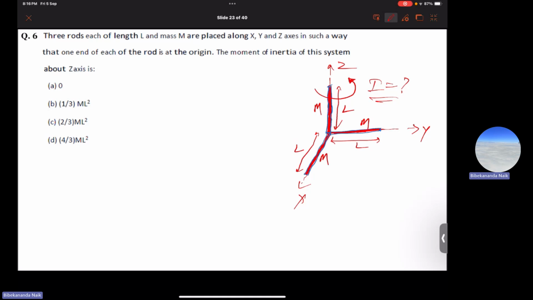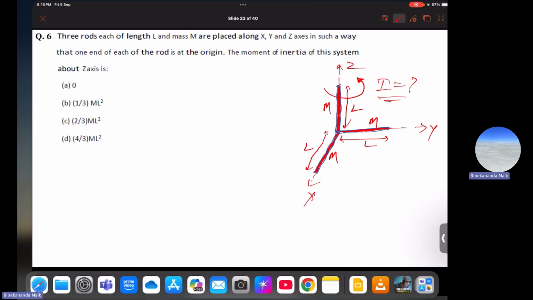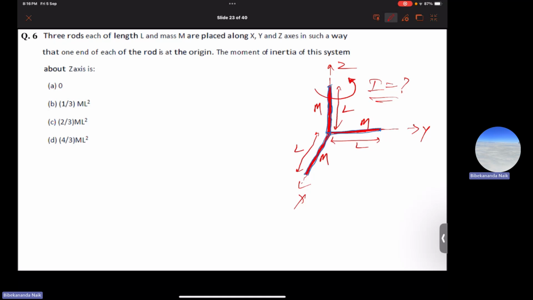So let's solve this one. We need to find the value of the moment of inertia of the system about the z axis. The rod lying along the z axis will not contribute. The rods along the x and y axis will only contribute.